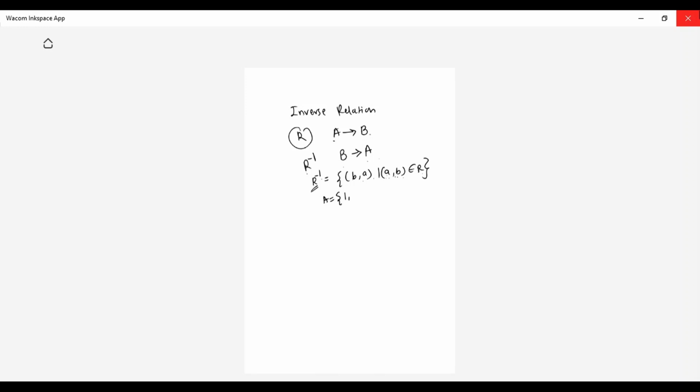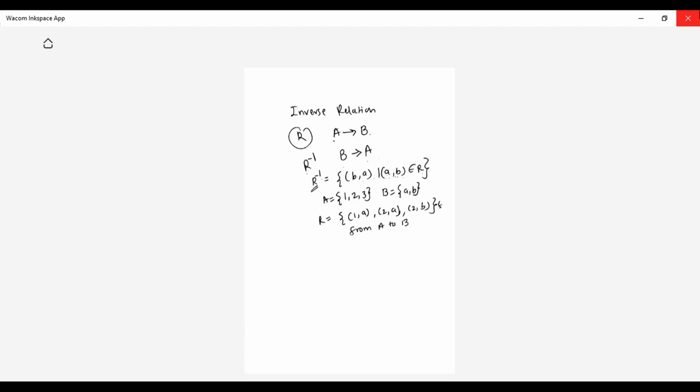Suppose A is equal to {1, 2, 3} and B is equal to {a, b}. And suppose R is given as (1, a), (2, a), then (2, b), and so on. It is from A to B.